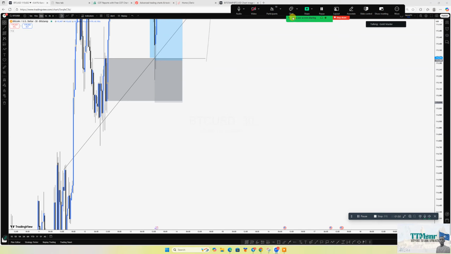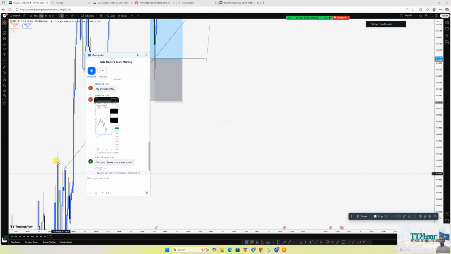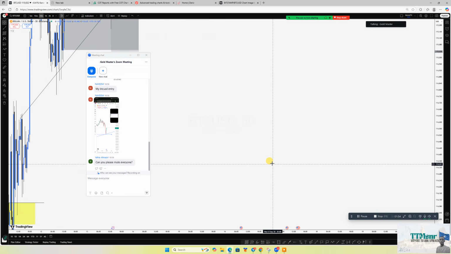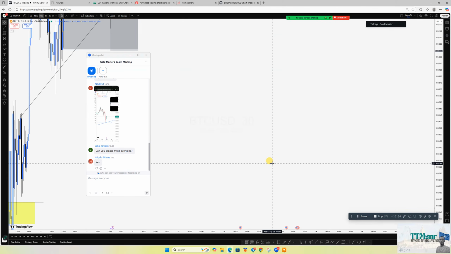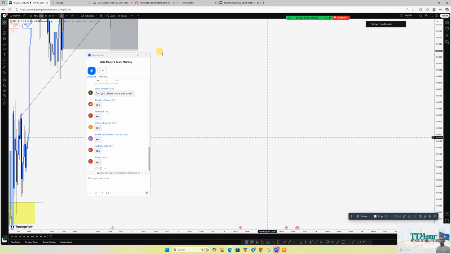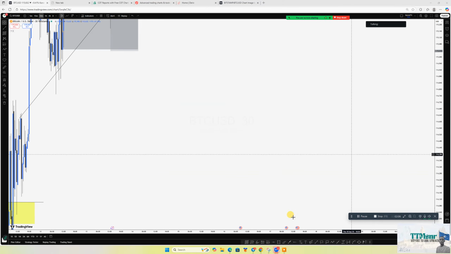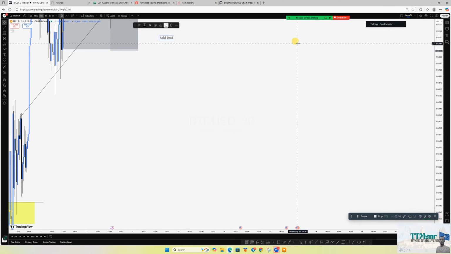Please type yes if you can see the screen clearly, so that I can give you one SOP that fits all you need of technical analysis. Okay, very good, guys. By the way, you know that we are Malaysian SNR traders.